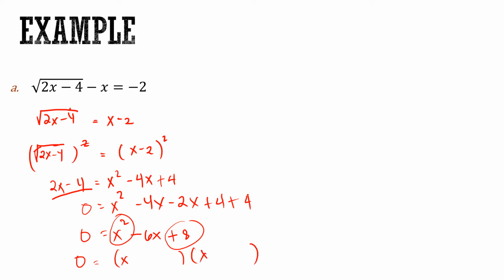Now, how about the factors of 8? So we can write the factors of 8. So we got 1 times 8, negative 1 times negative 8, positive 2 times positive 4, and negative 2 times negative 4. So these are the factors of 8.